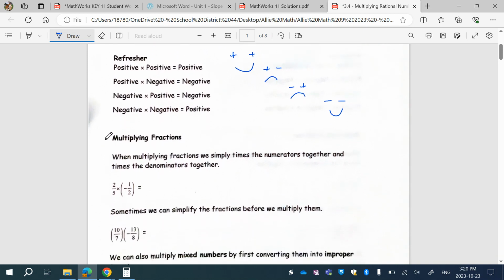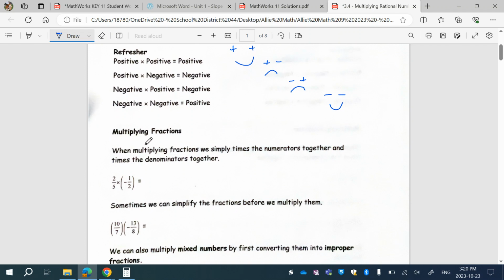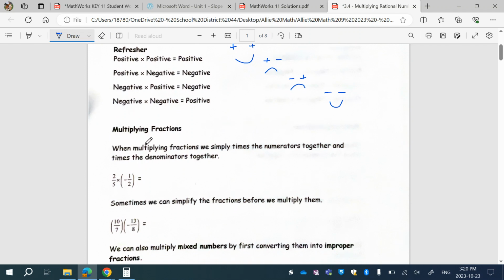So with multiplying fractions, when multiplying fractions, we simply times the numerators together and times the denominators together. So you multiply the tops and you multiply the bottoms. So let's move our negative to the top. So we're looking at 2 times -1, which would give us -2. Or maybe I should draw this out a little bit for you. 2 times -1 over 5 times 2.